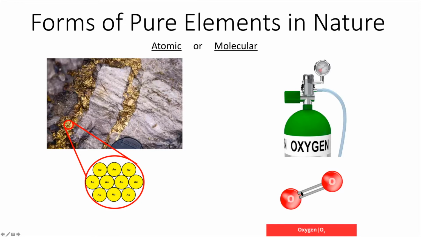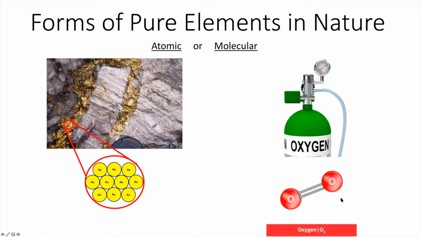So it's two oxygen atoms connected together with two chemical bonds. We'll get into more of what we mean by chemical bonds later in the course. But it has a formula of O with a subscript 2 to represent that it's a molecule of oxygen rather than an atom of gold. Two oxygen atoms are connected together to make a molecule of O2.